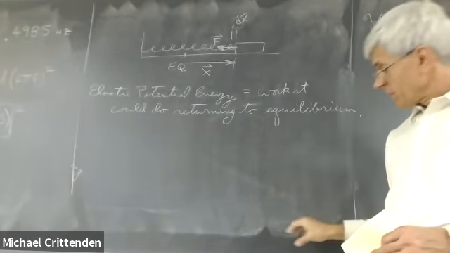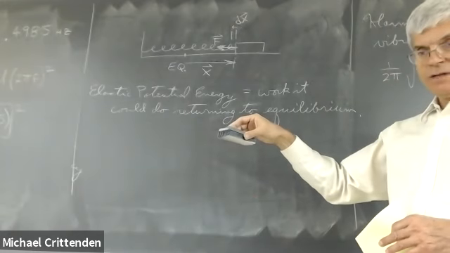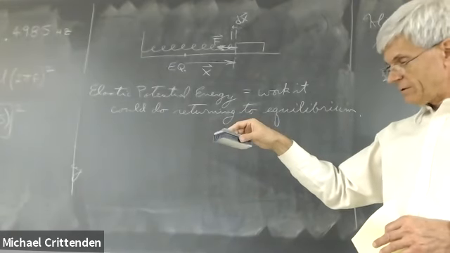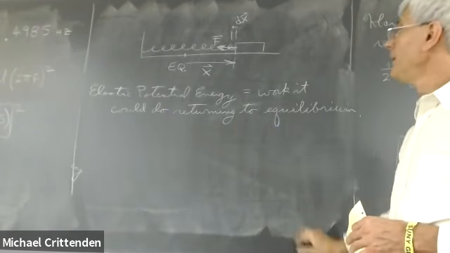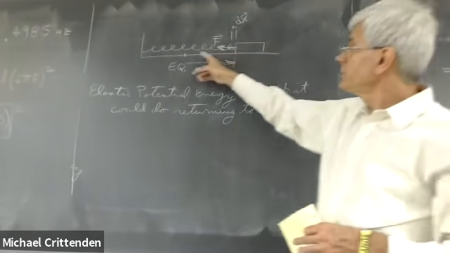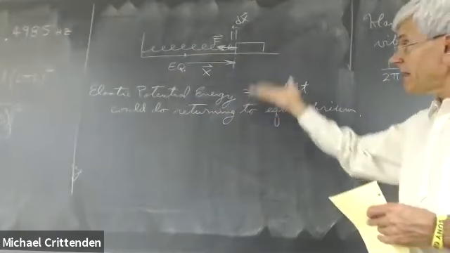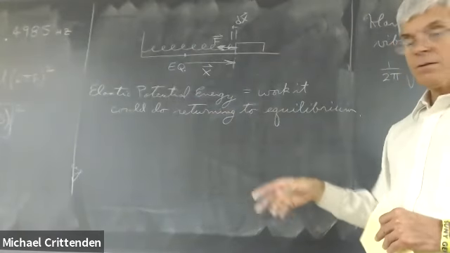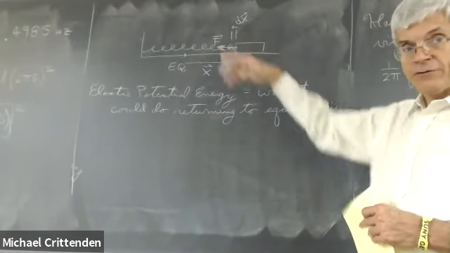Just like gravitational potential energy means the work that this eraser could do returning to the floor, the work that this could do returning to equilibrium is the elastic potential energy. In other words, the energy stored in that stretched spring.